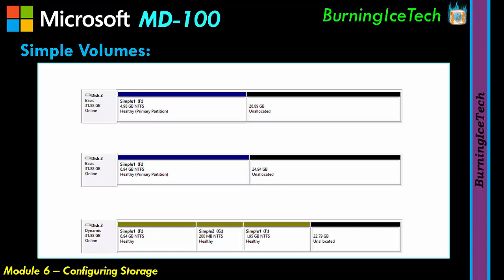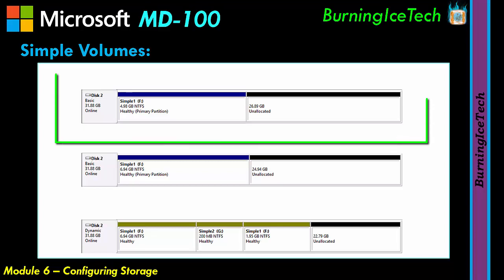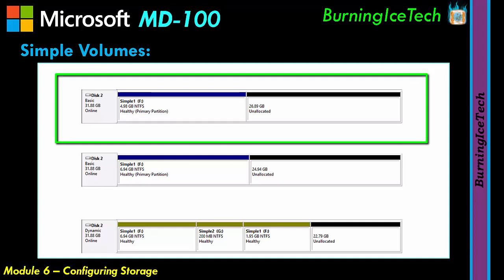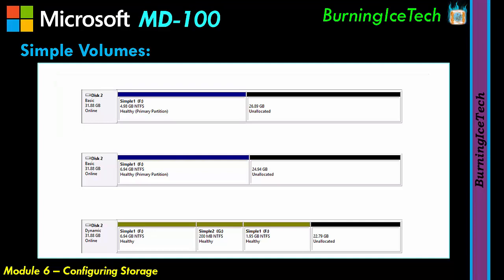Obvious. If you folks look at the picture example I have up for you, there are some examples of simple volumes. Here at the top, we have a normal setup of one physical hard drive that has been partitioned into two partitions. You can think of it as a pizza or a pie that's been sliced into two slices.